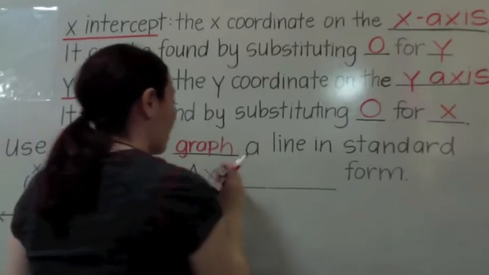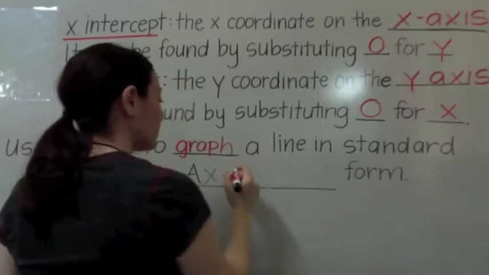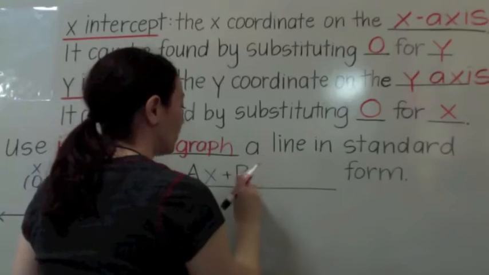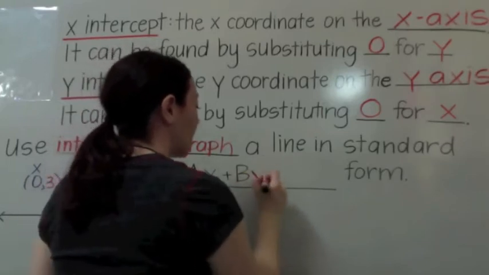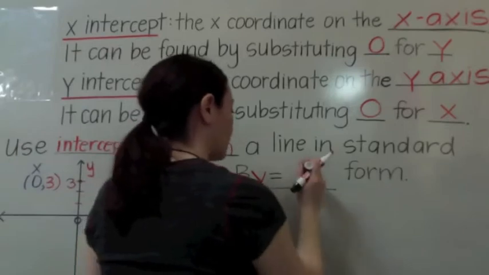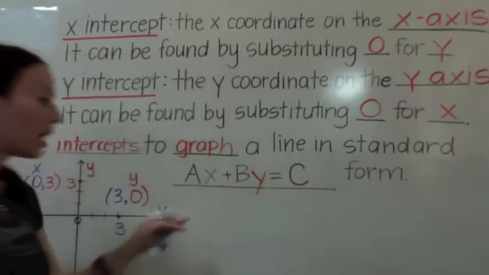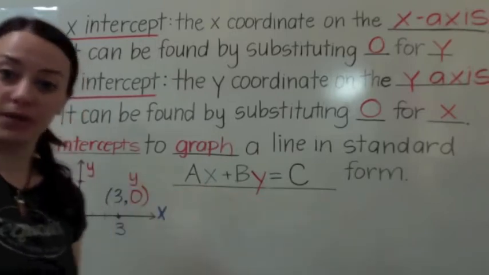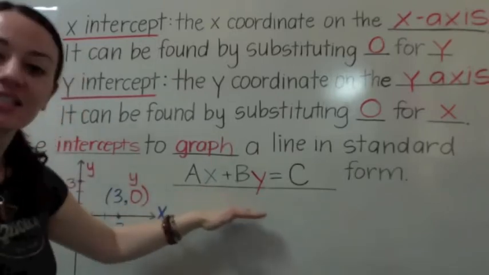And then you add b to it. B is another coefficient, or a number, multiplied by y, and it equals c, all right? So we're usually not used to seeing it this way. We're used to seeing y equals mx plus b, right? Because that's slope-intercept form. But this is standard form.